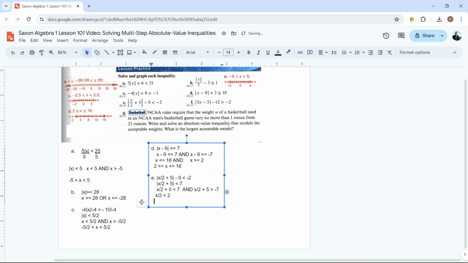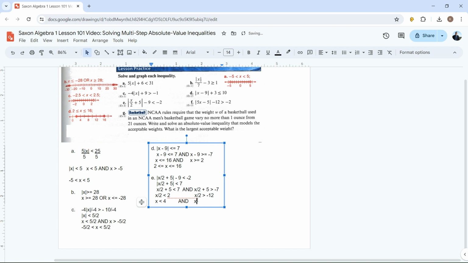And then multiply both sides by 2. x is less than 4. I'm going to put an and in between. Okay. And then over here, I need to do the same thing. I need to subtract 5 from both sides. It's going to be x over 2 is greater than negative 12 when I subtract 5 from both sides.